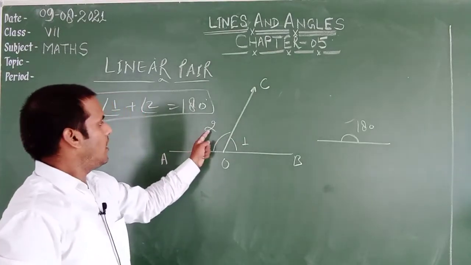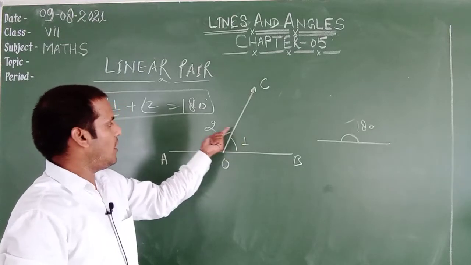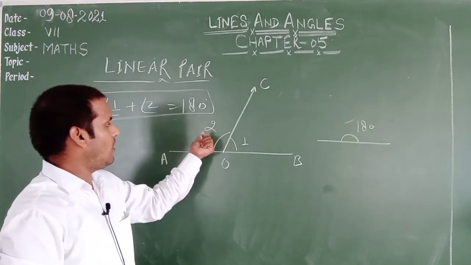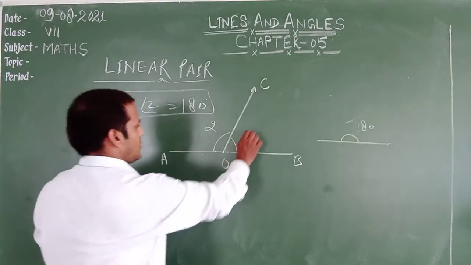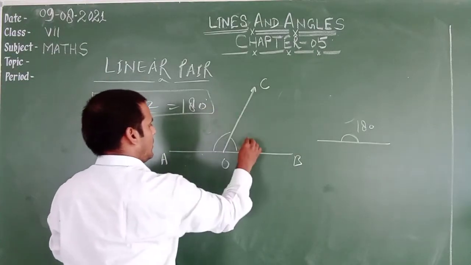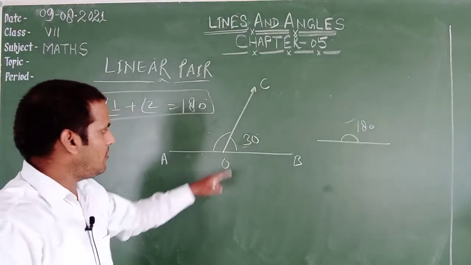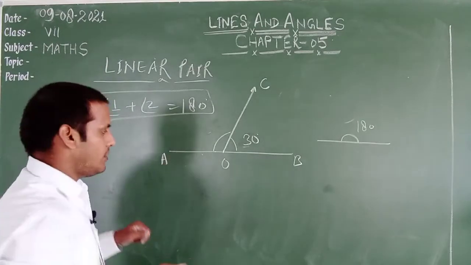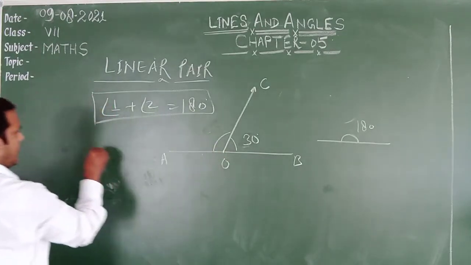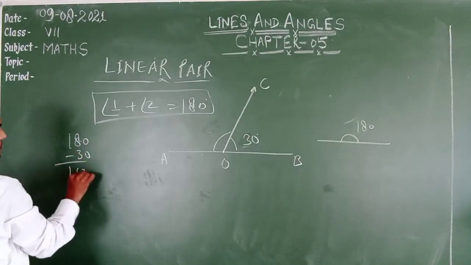So we can say in this figure, angle 1 is the linear pair of angle 2, or angle 2 is the linear pair of angle 1. Suppose angle 1 is 30 degrees, then what will be the second angle to form a linear pair? For finding the second angle, we always subtract: 180 minus 30, we will get 150.